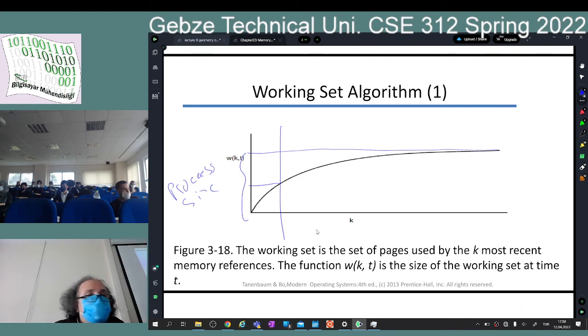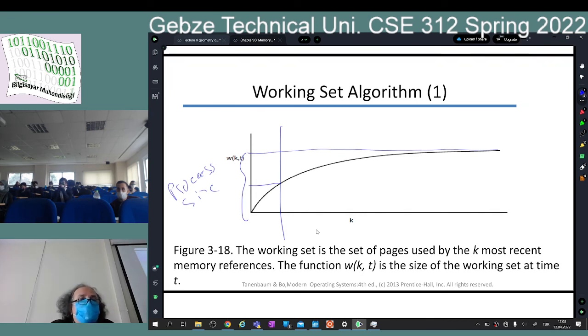So for certain numbers of k, let's say 1,000, 2,000 references, if I keep that working set number of pages in my memory, this process should be happy. It should run.